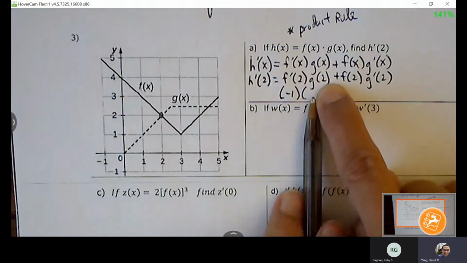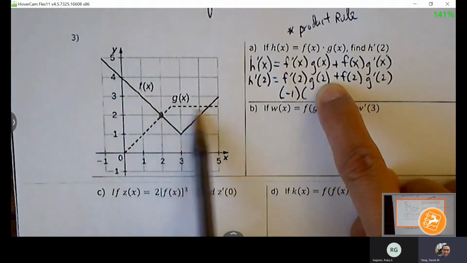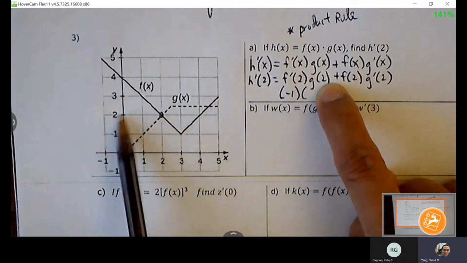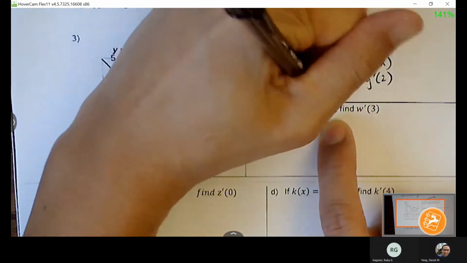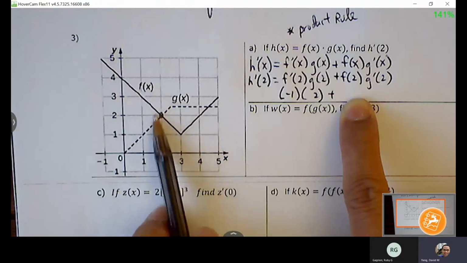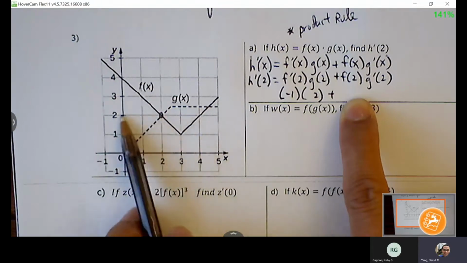Okay, g of 2. g of 2 is asking for the y value of the g graph. You see that the y value there is 2. f of 2, it just happens to be an intersecting point, so it's going to share the same y value, right? f of 2 is also 2.